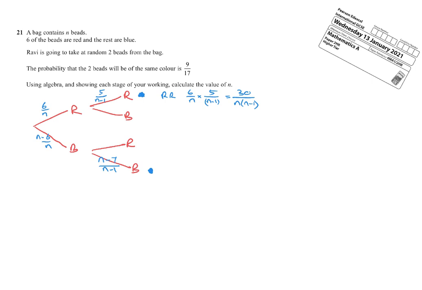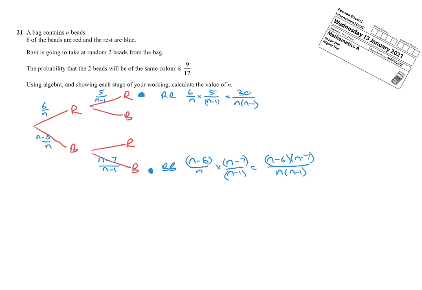So the probability of blue followed by blue is just those 2 probabilities multiplied together. So it's n minus 6 over n, and that's multiplied by n minus 7 over n minus 1. And that becomes n minus 6 multiplied by n minus 7 over n times n minus 1.